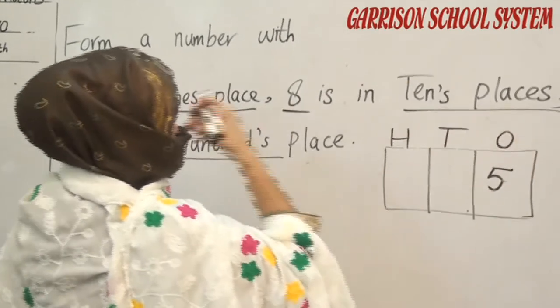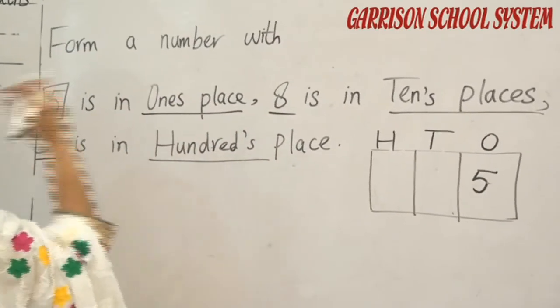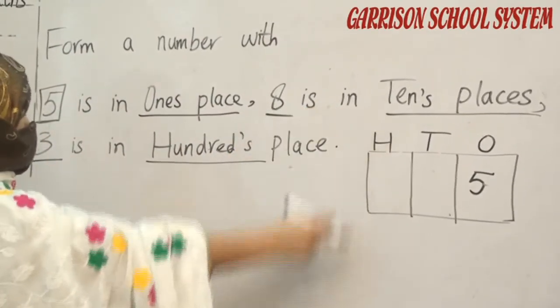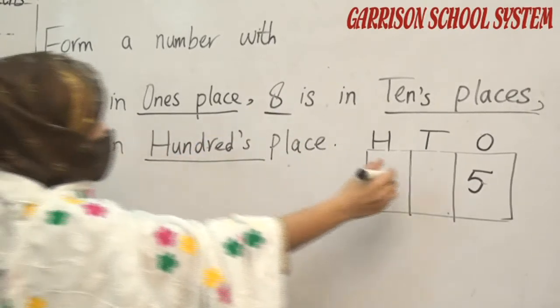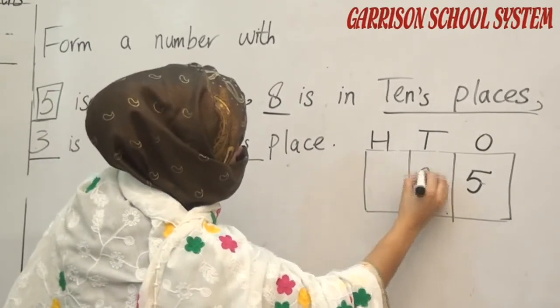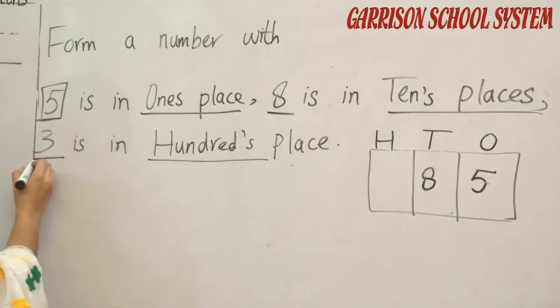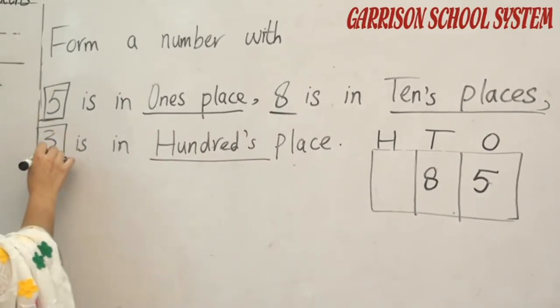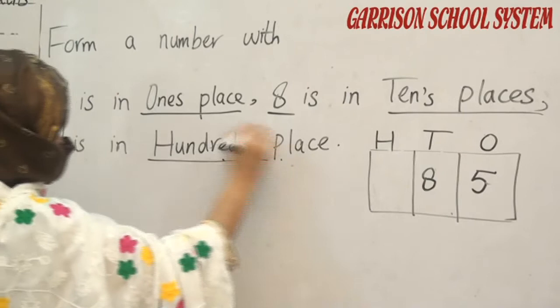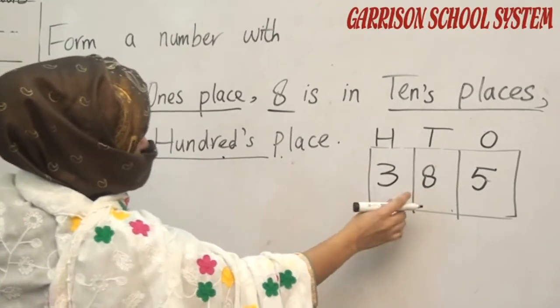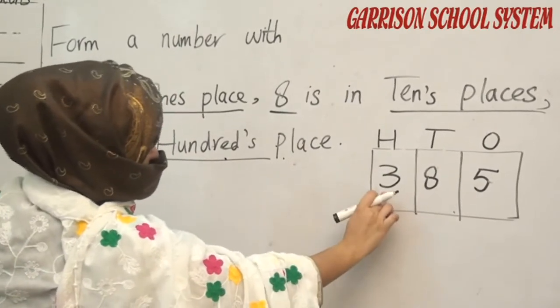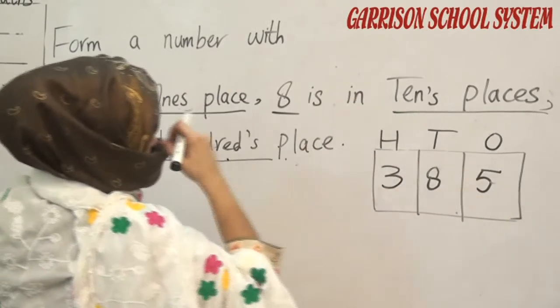Its home is ones. Now next number is 8. 8 is in tens place, so we write 8 in tens place. Next number is 3. 3 is in hundreds place, so we write 3 here. So which number do we get? 385.